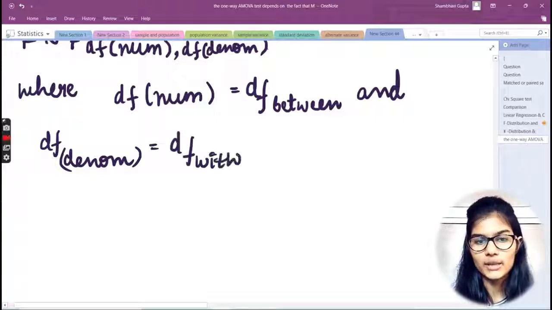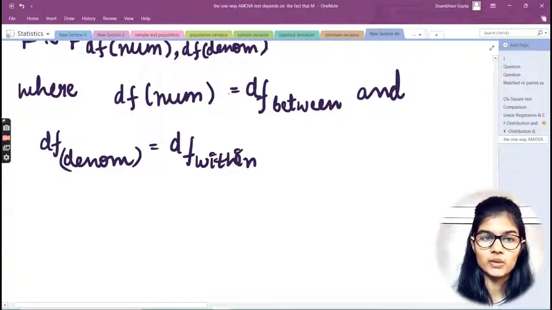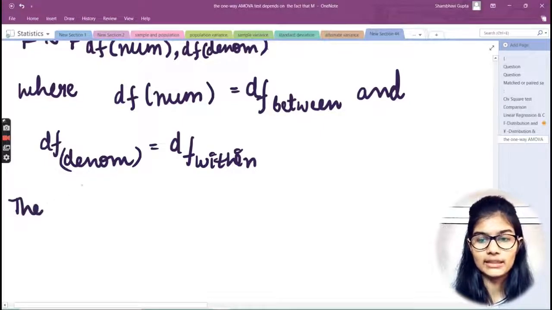Remember we dealt with between and within both, right? So in that similar case, df num is equal to df between, and df denom is equal to df within.